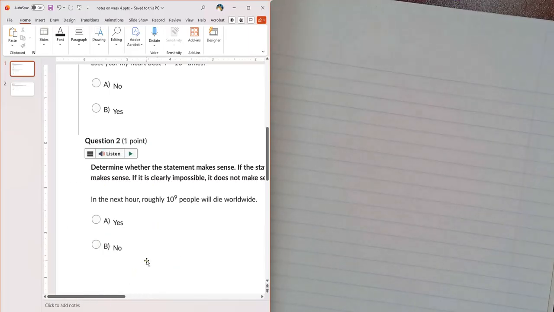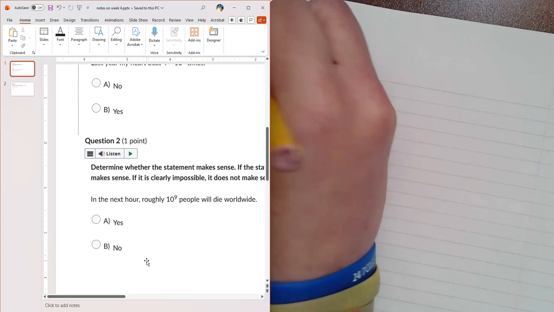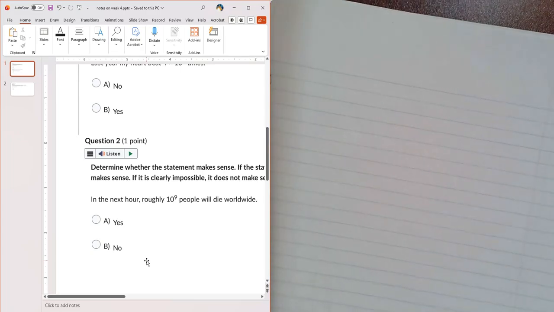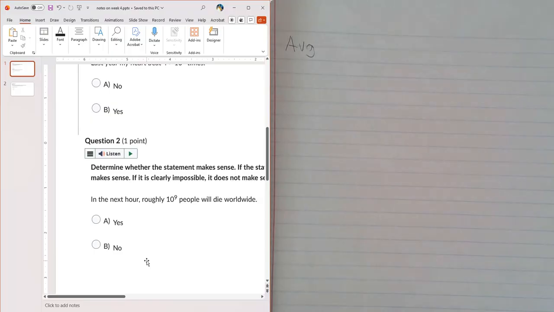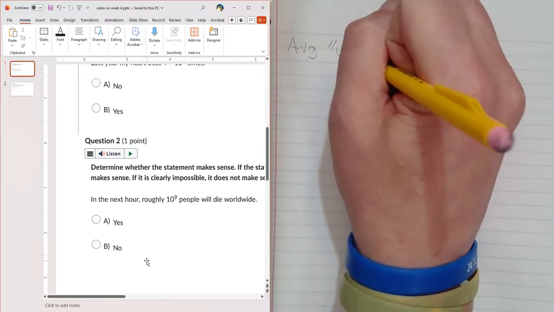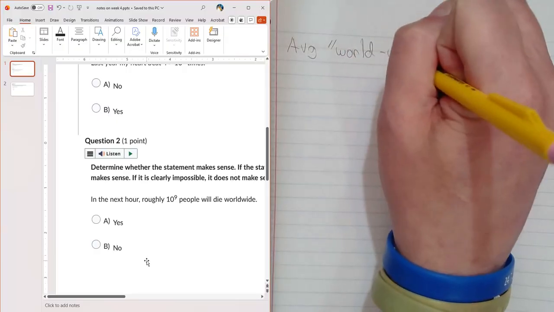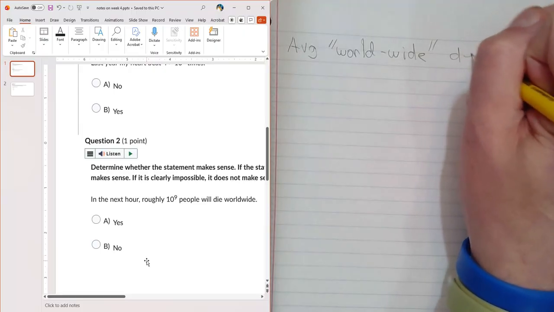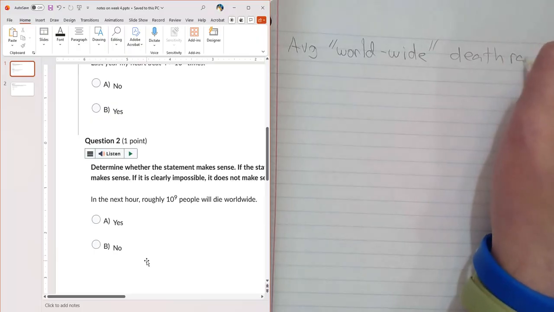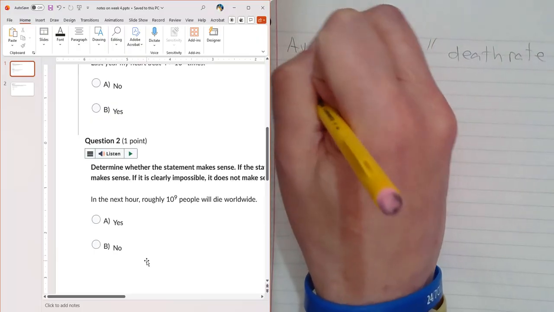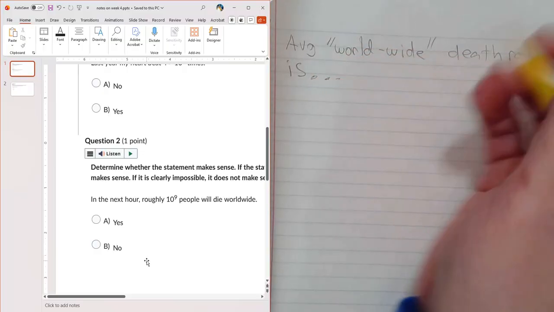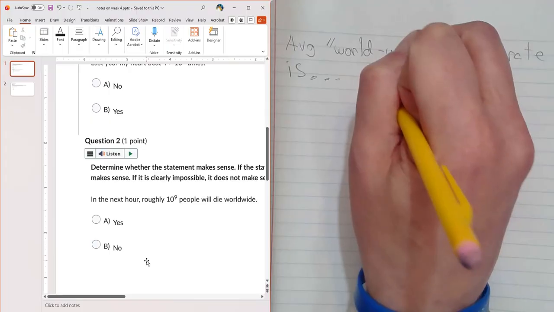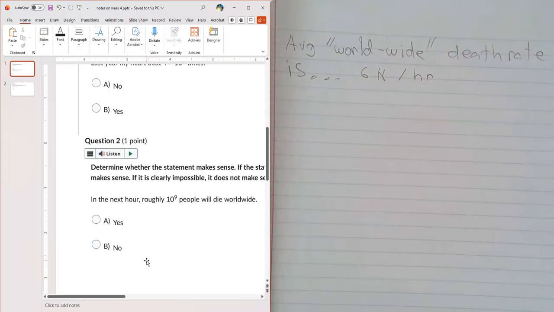So let's take it from the top here. We'll start by pointing out that the average worldwide death rate is, so we're going to say 6K per hour, or 6,000 deaths per hour.